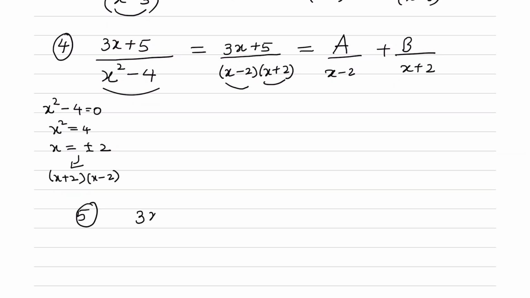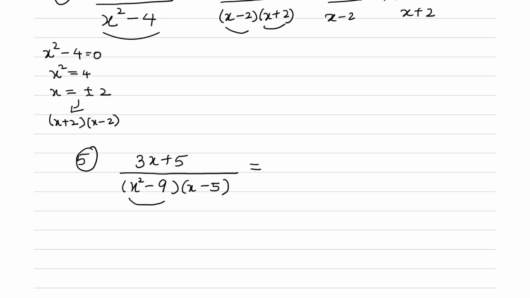Let's say we have some numerator, 3x + 5, divided by (x square minus 9)(x - 5). Now we know that x square minus 9 is a 2 degree factor, but we have to check if this 2 degree factor can be factorized, and we can see that x square is equal to 9, which gives us x is equal to plus minus 3. So we have two factors, one is x - 3, another is x + 3.